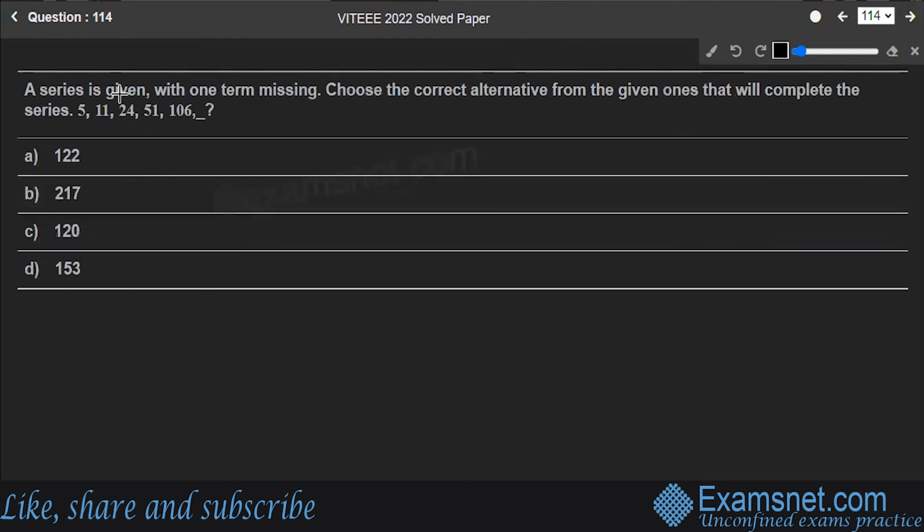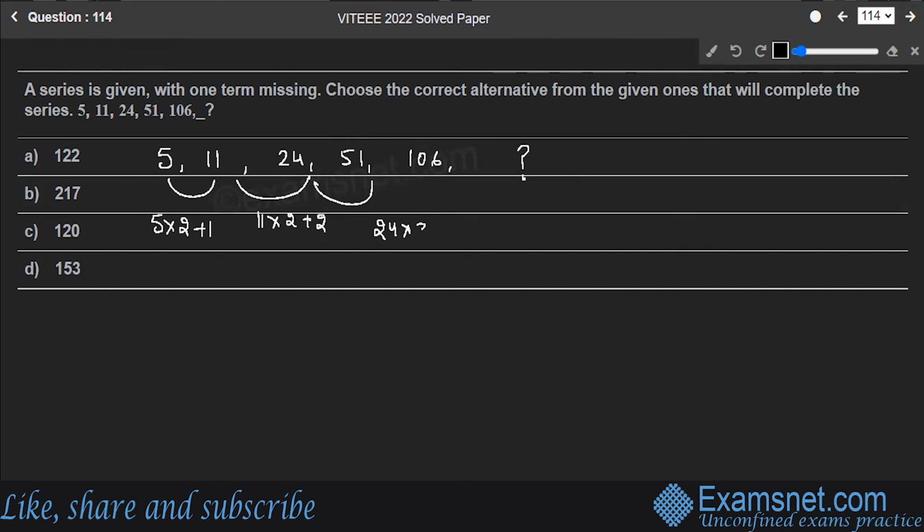Hope you understood. 114th question. A series is given with one term missing. You have to choose the correct alternative from the given ones that will complete the given series. Pretty easy one, right? 5, 11, 24, 51, 106, and the question mark. Moving from 5 to 11, it is 5 multiplied by 2 plus 1. 11 multiplied by 2 plus 2, and 24 multiplied by 2 plus 3.